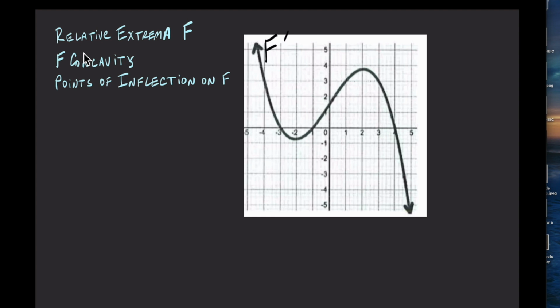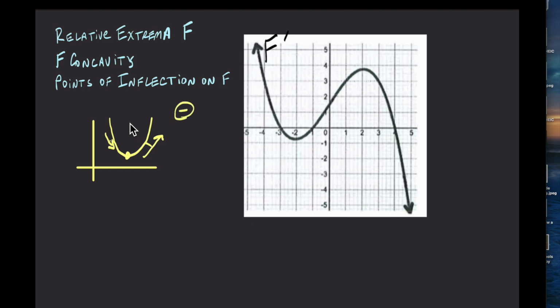Next, we're going to look at the relative extrema on f. Now, recall, on any graph of f, when you have a local or relative minimum, the graph is going to look something like that. Now, what do you notice at that relative minimum? f is decreasing, then f is increasing. If f is decreasing, that means f prime must be negative.